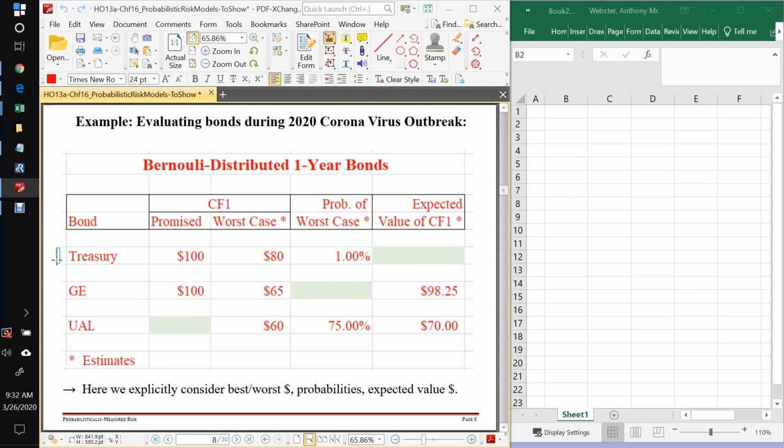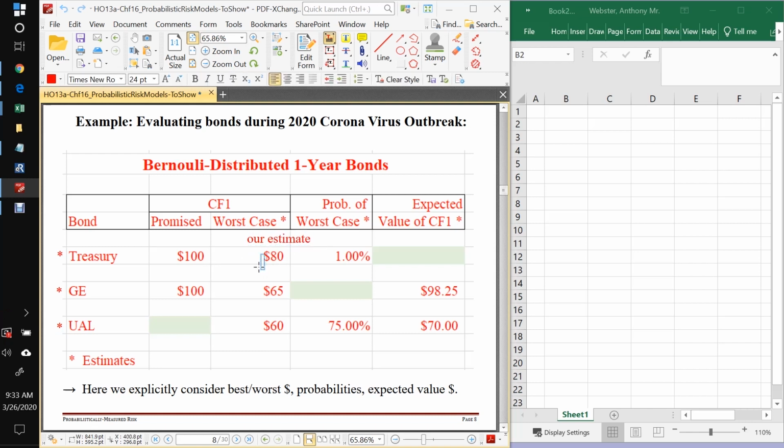So let's say we're looking at a treasury bond and a bond of General Electric and a bond of United Airlines. Okay, so the promised cash flow for the treasury bond is 100, and the worst case, and this is our estimate.